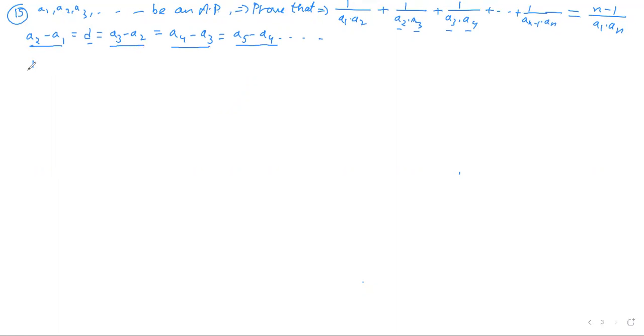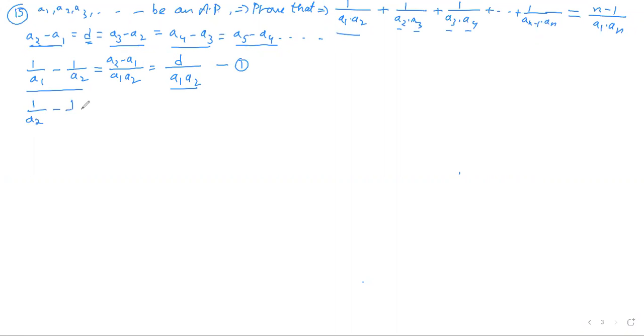Now if we find the difference between the reciprocals of a1 and a2, that is 1 by a1 minus 1 by a2, the denominator is a1 a2 and the numerator becomes a2 minus a1, which equals d. So 1 by a1 minus 1 by a2 equals d upon a1 a2, equation 1.